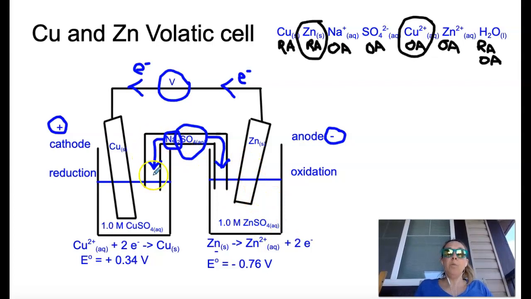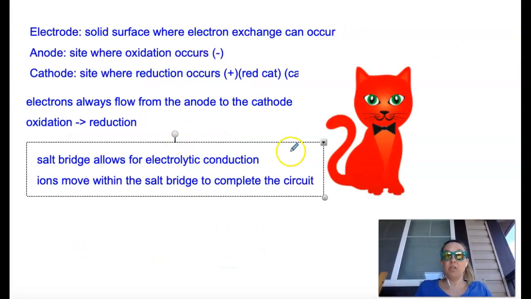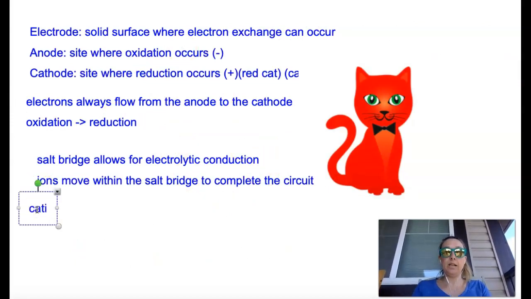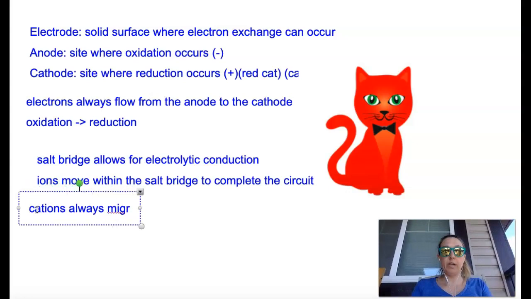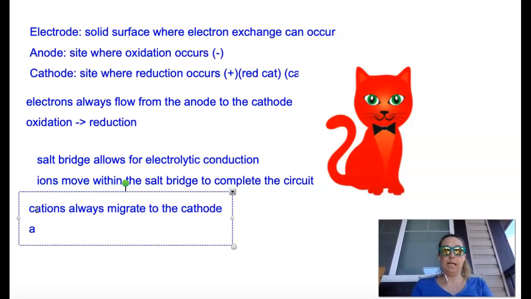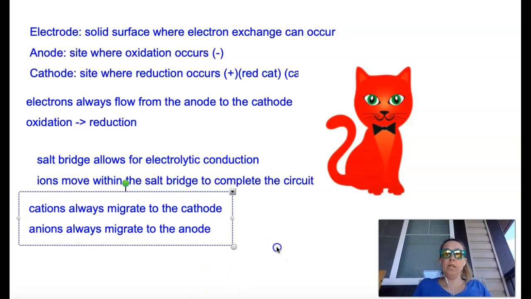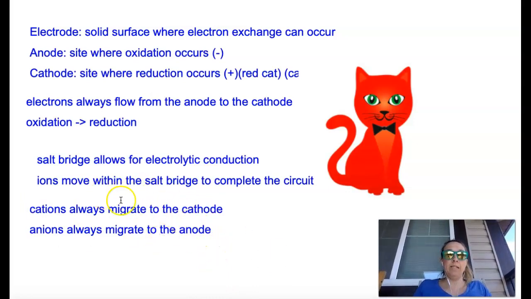We always want to use arrows in our salt bridge to indicate the migration of those ions. This is always true: cations always migrate to the cathode and anions always migrate to the anode. So we're always going to have that type of migration for our ions.